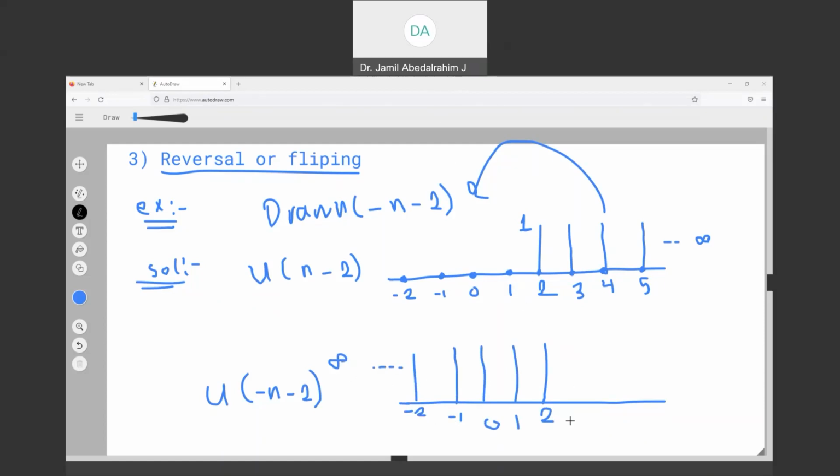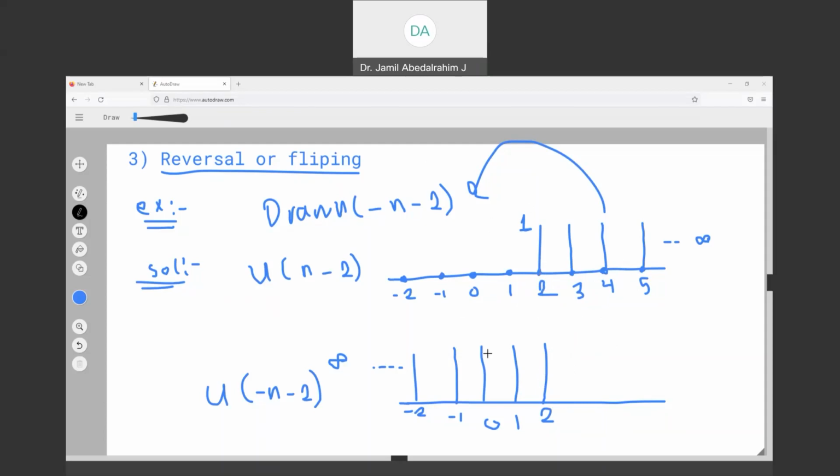Okay, so the first pulse at 2, we keep it, and we just flip or reverse the other part. So simply reverse the signal to the other side like a mirror, but don't forget to keep the first pulse the same. Don't change it. Just reverse the other pulses to the other side.